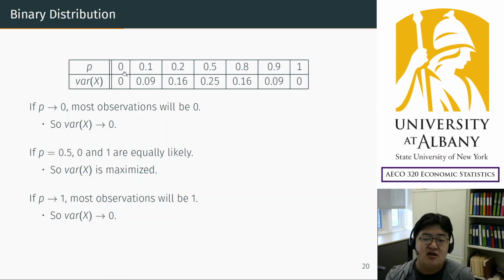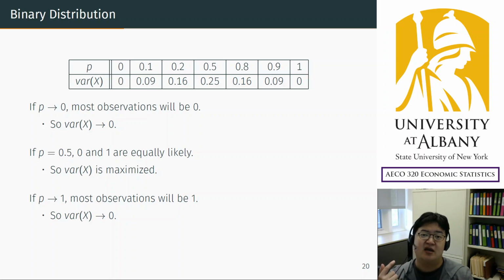So when the probability of success is 0 or 1, these are extreme cases where the outcome is either always failure or always success. That means the outcome is constant. There is no uncertainty. It's perfectly predictable.